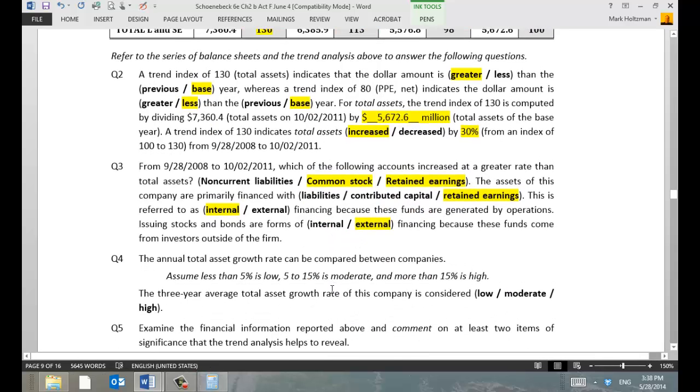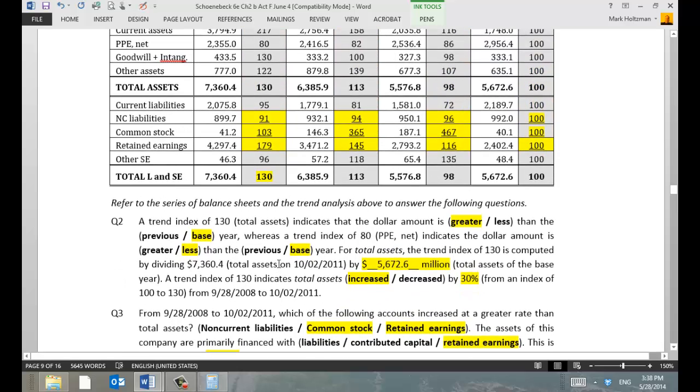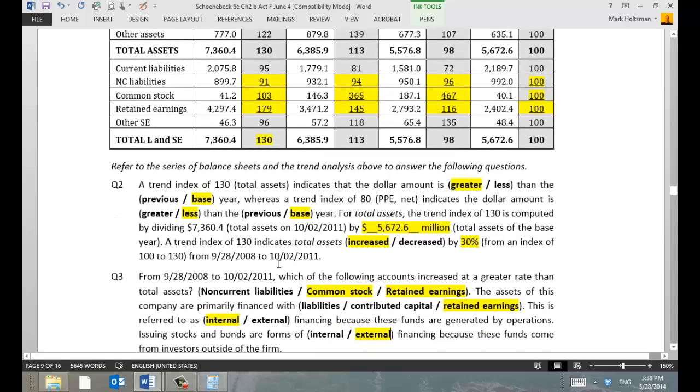Wow, look at how much you know. Would you have imagined that you would have learned something today? Yes. How is common stock increased at a greater rate when it's only 103? Wouldn't it have to be higher than 130? Oh, it's not common stock. You're right. Who told me common stock? You're wrong.